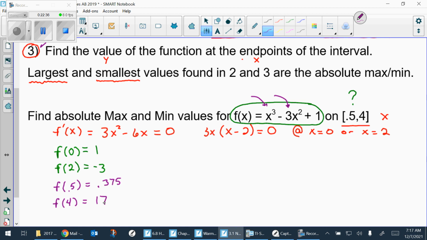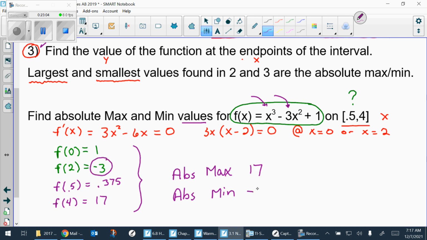So now, I've got to find the absolute max and absolute minimum values. I'm going to say the absolute maximum value is a y value, and it is 17. I'm going to say the absolute minimum value is the smallest y value that I found.